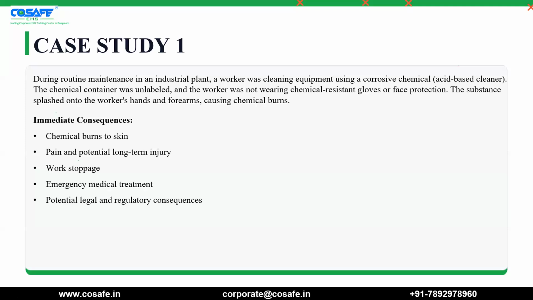Not only a single work will be stopped, multiple works will be affected. Everyone will tend to the injured one, causing disruption in production and loss of productivity, and the organization will face productive losses. This is one of the immediate consequences.